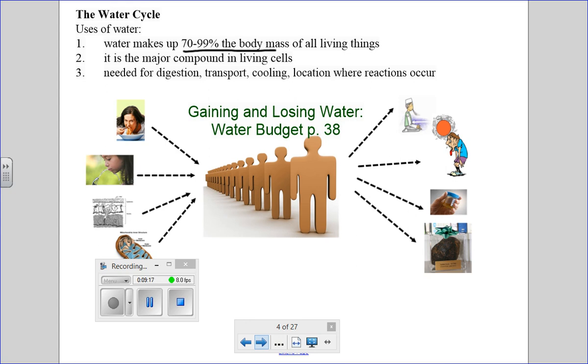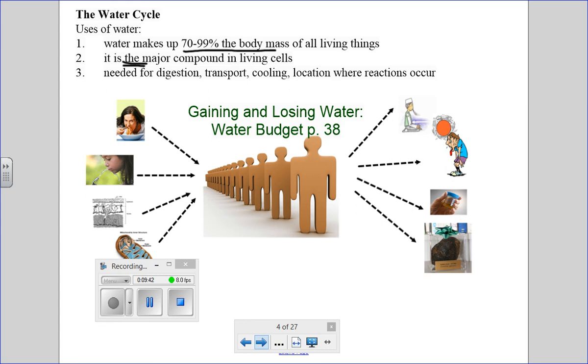And it can get as low as about 70 depending on the type of organism and where they live. But the idea we're trying to get across is that over half of the body mass of living things is actually water. It is the major compound in living cells. If I add up all of the things that are in a cell, most of it is water.